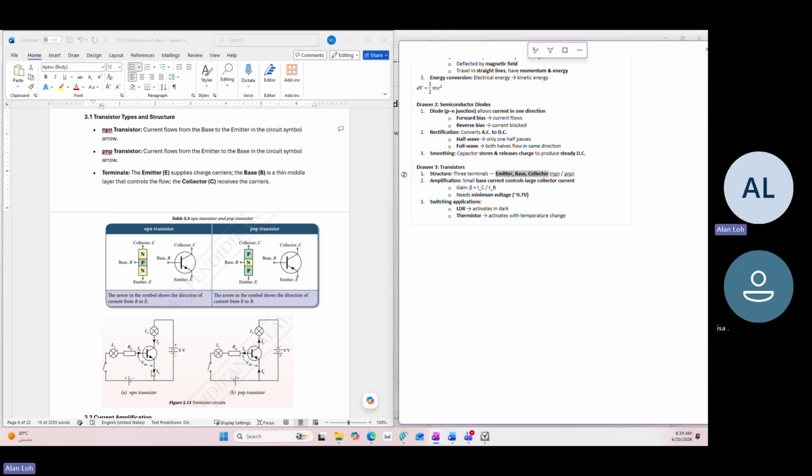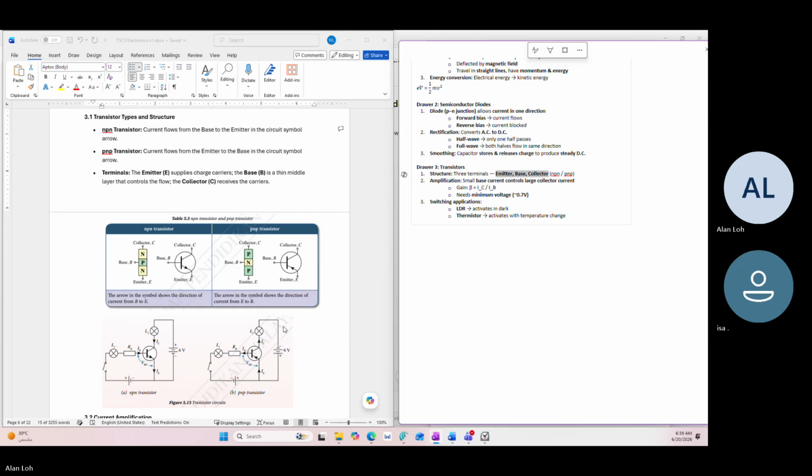Once you switch this circuit on, this circuit will turn on. And this circuit here, the base to emitter, is a small current. So you use a very small current to turn on a very big current. So the objective of a transistor is like an amplifier, amplification.